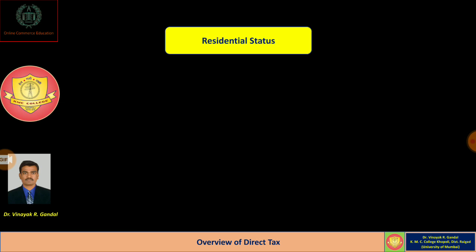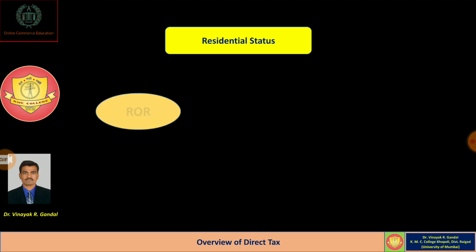Also, we will discuss in this course the residential status of a person. Dear students, normally the scope of income tax is based on the residential status of an assessee. Means the tax liability of an assessee depends upon his residential status.